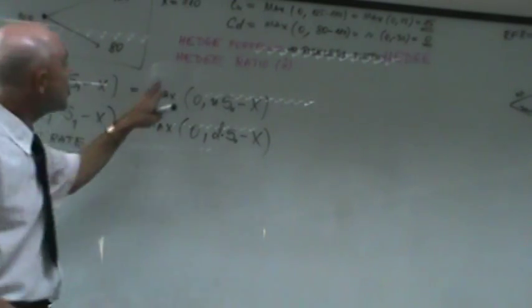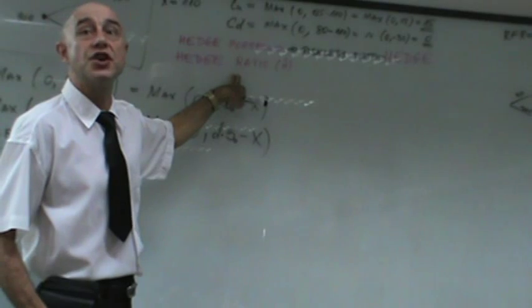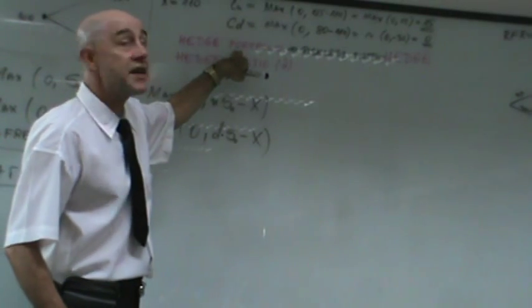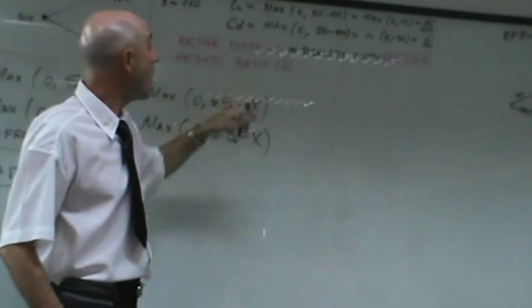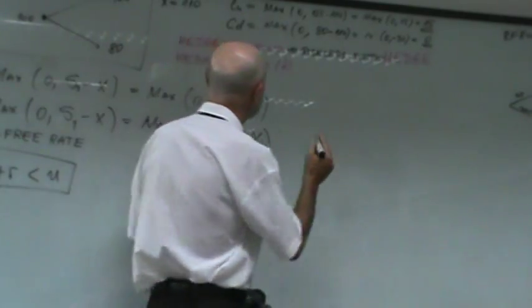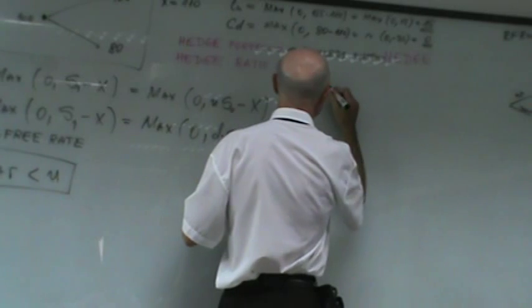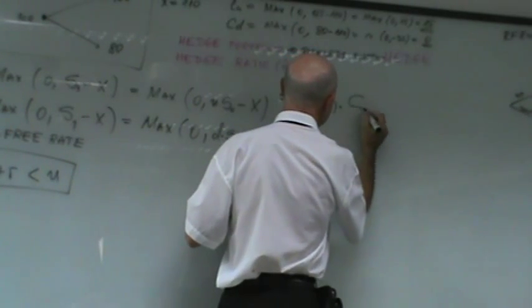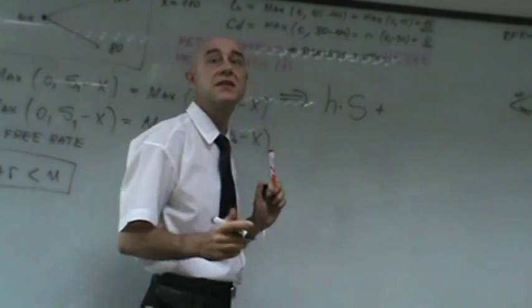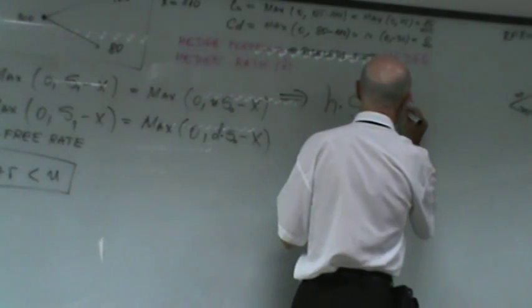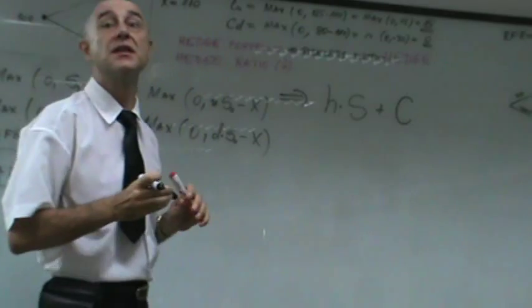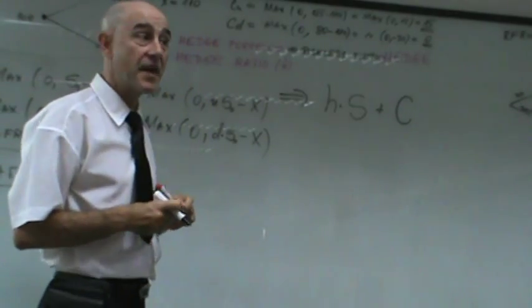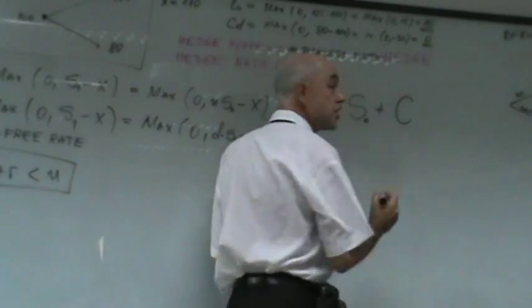Let's make sure we get it right. It's got H number of shares and a call. So let's first write it out. It has H times S plus a call, and this is S0.